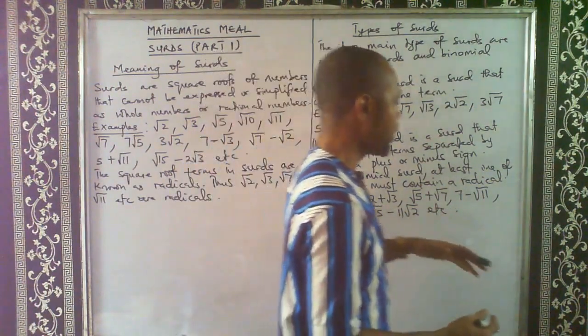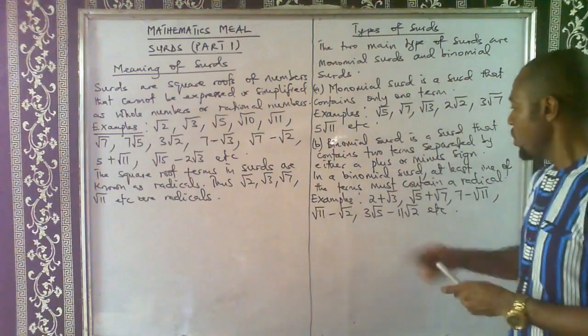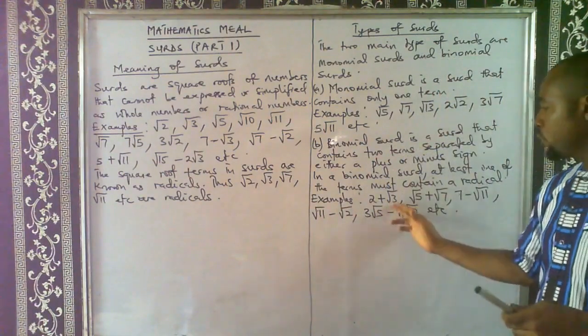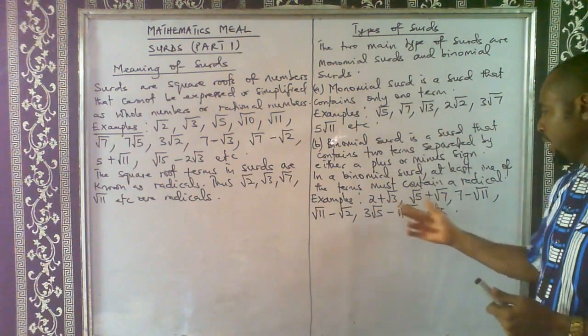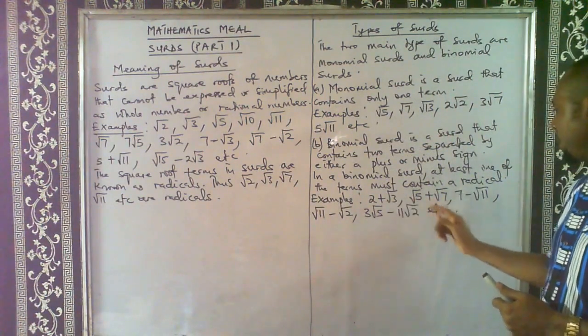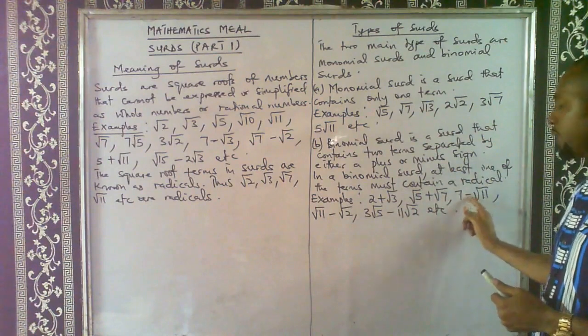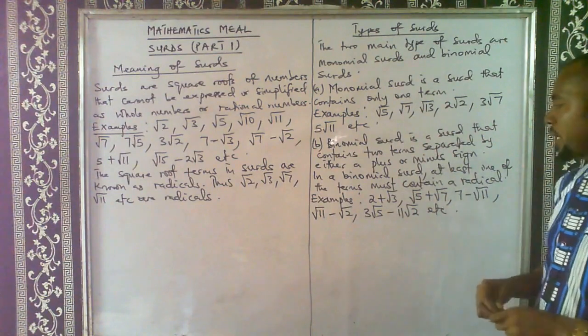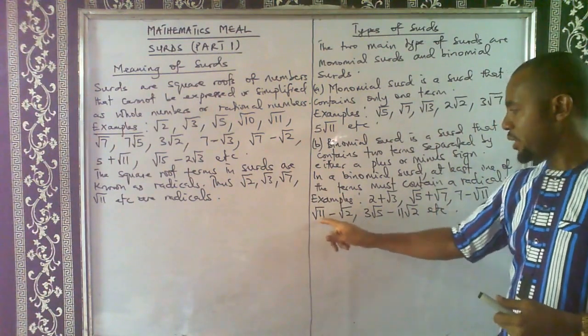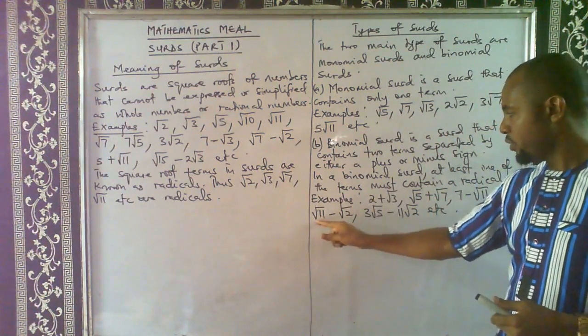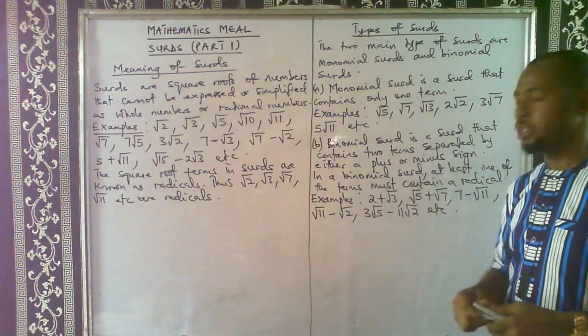All these are binomial surds. Why are they binomial surds? We have two terms that are separated by what? By addition sign here. We have two terms separated by addition sign, two terms separated by subtraction sign, that's the minus sign. Now, it is important to note that in every binomial surd, at least one of the terms must contain what?